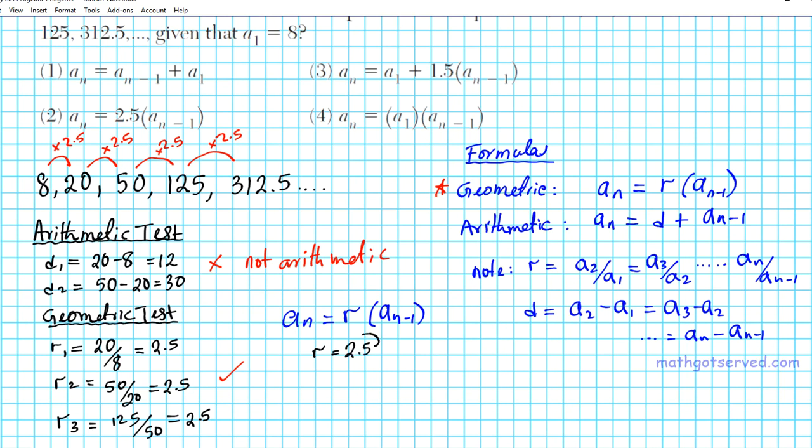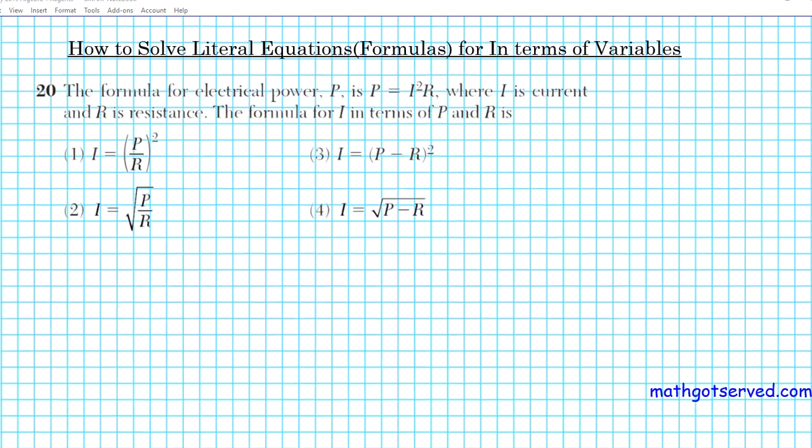So all we're going to do is take 2.5 and plug it into the common ratio spot in the formula, and then we're going to get a sub n is equal to 2.5 multiplied by a sub n minus 1. The answer to question number 19 is option number 2.